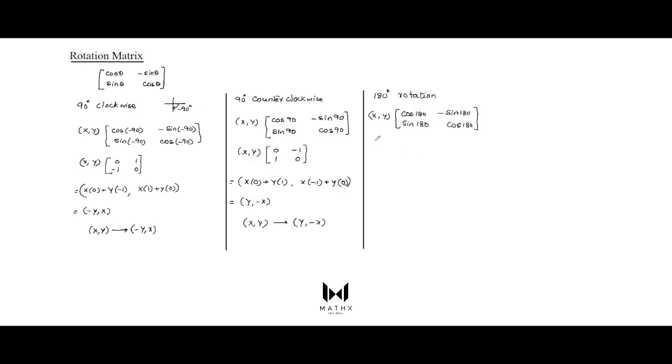Now this is x comma y in the brackets, in the matrix. Cosine 180 is negative 1, sine 180 is 0, and negative 1.